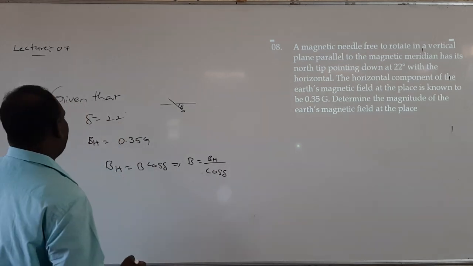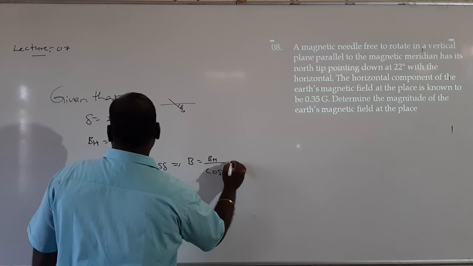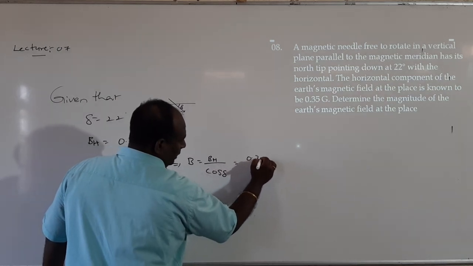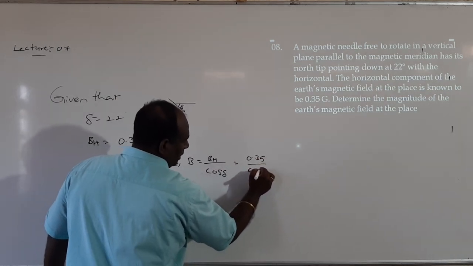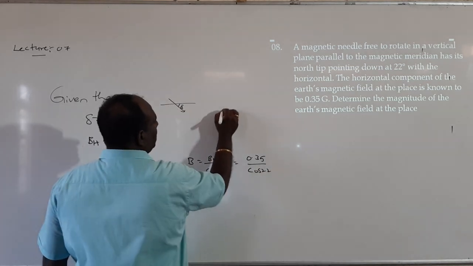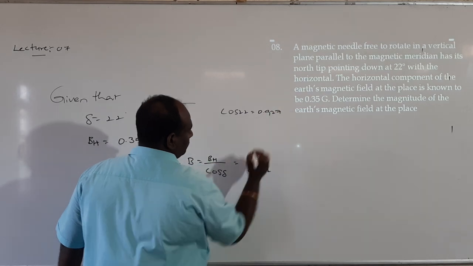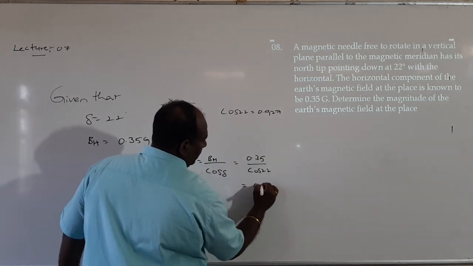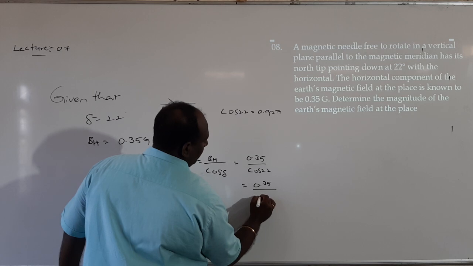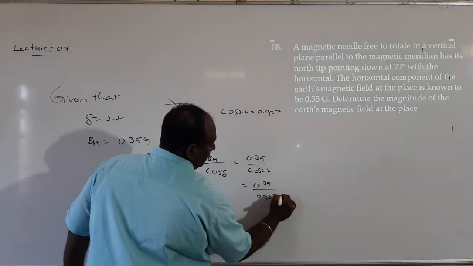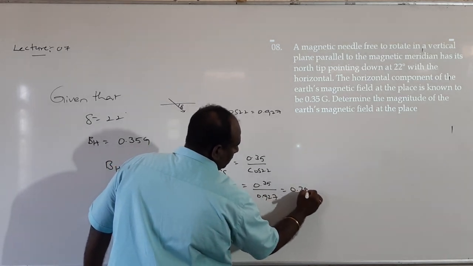So the B H value, how much is it, sir? B H value 0.35 divided by cos 22. Sir, cos 22 value is 0.927. So you will get 0.35 divided by 0.927. After calculation, you get 0.38.